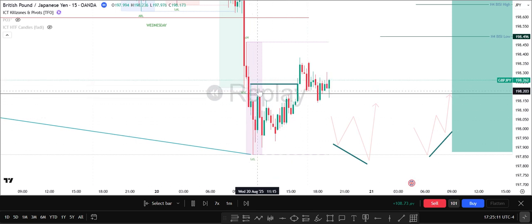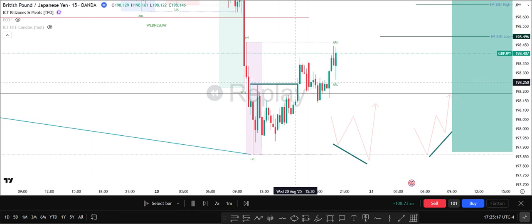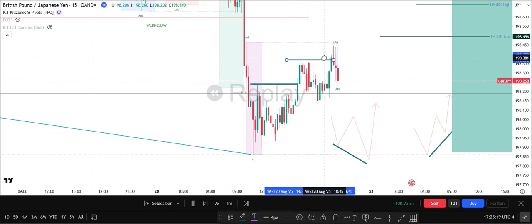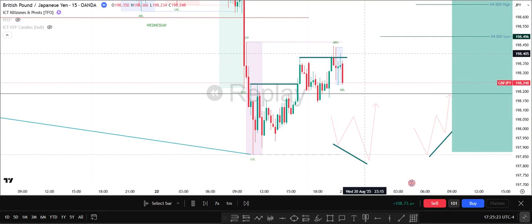See, this is the last down candle. While price closed above it, it created a what? An order block. So we want to see price respect that order block.